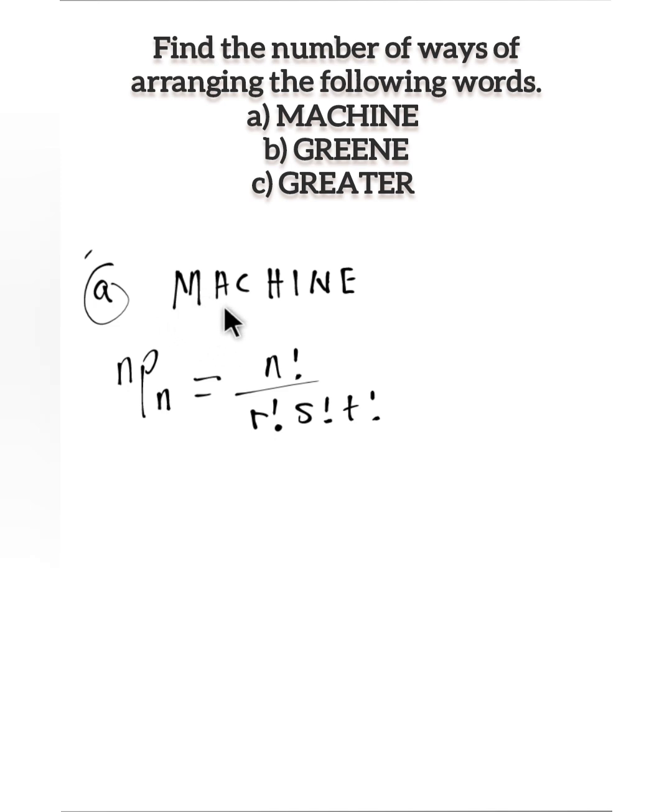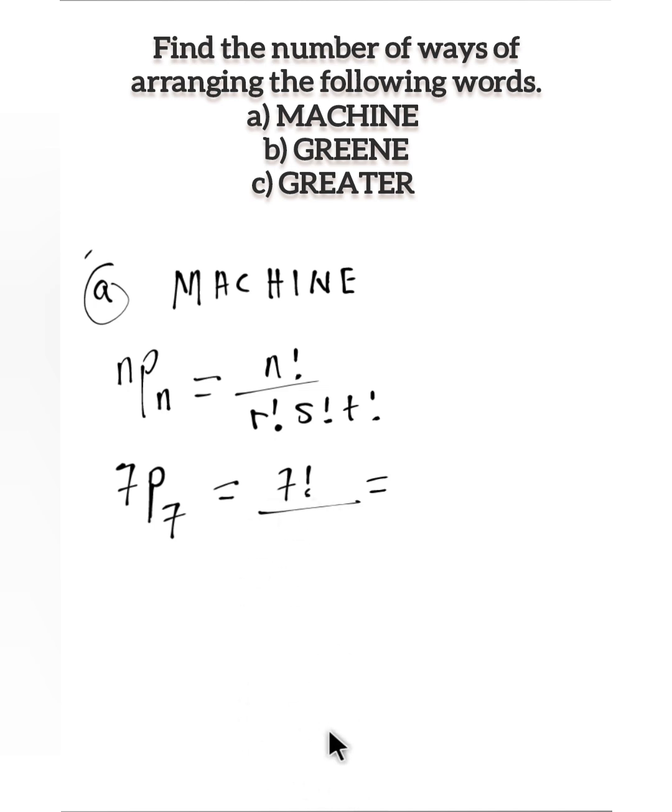We have just one M, one A, one C, one H, one I, one N, one E. So since none are identical, we won't write anything at the denominator. We have 7 alphabets altogether: 1, 2, 3, 4, 5, 6, 7. Out of the 7, we arrange 7 alphabets. So this gives us 7 factorial.